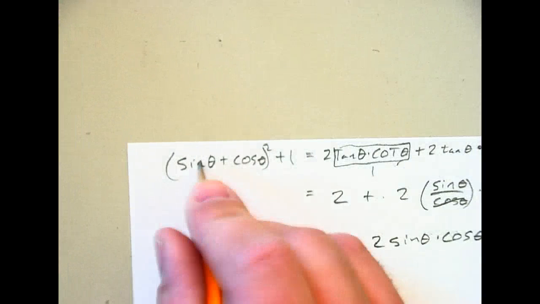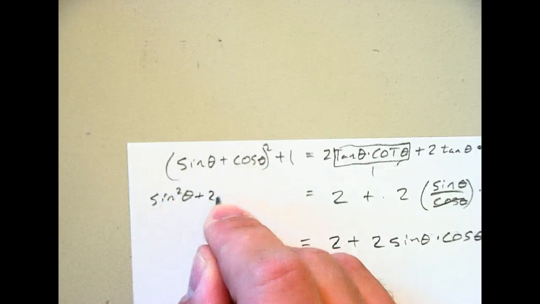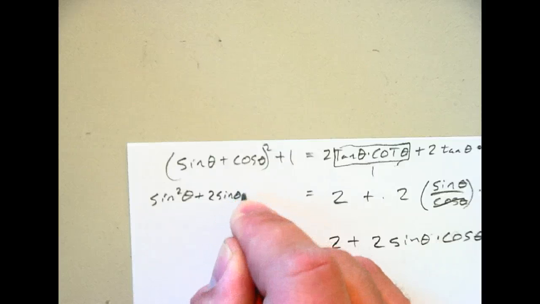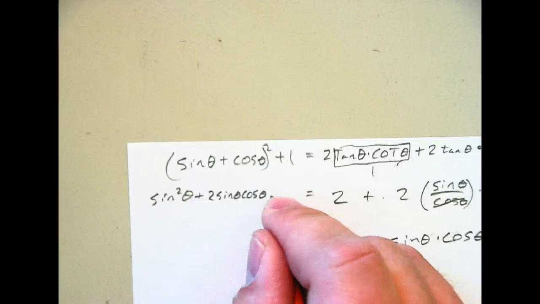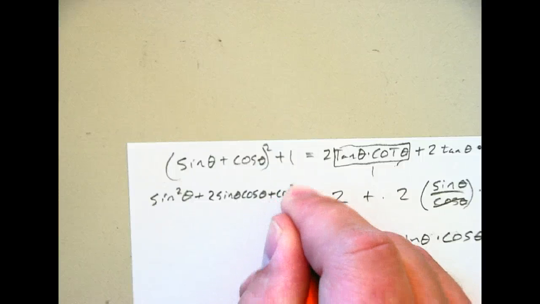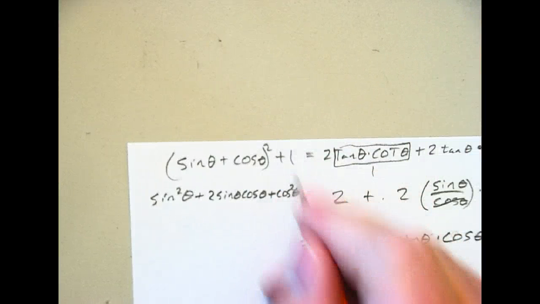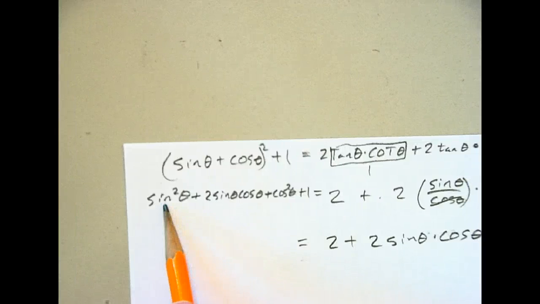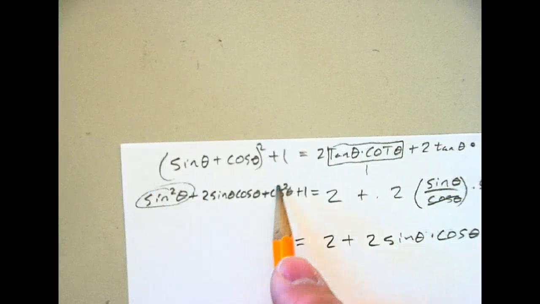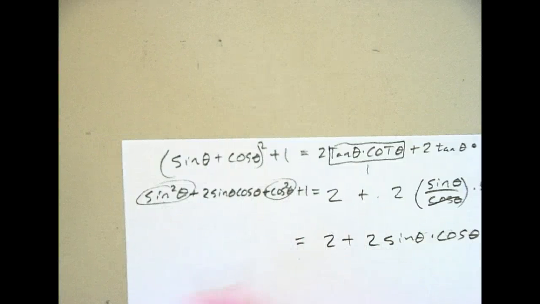So I get sine squared theta plus 2 sine cos theta plus cos squared theta plus 1, all plus 1 at the end. Okay, sine squared theta and cos squared theta I know makes 1.